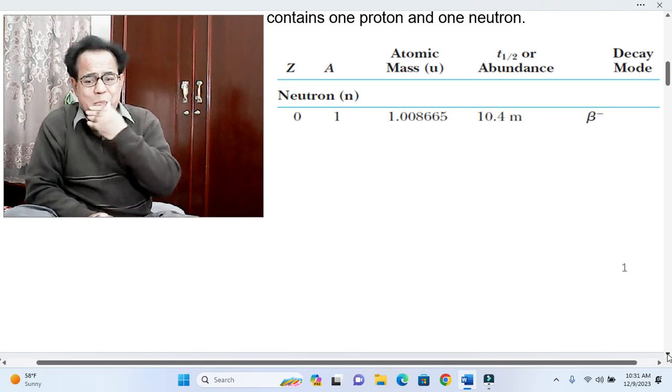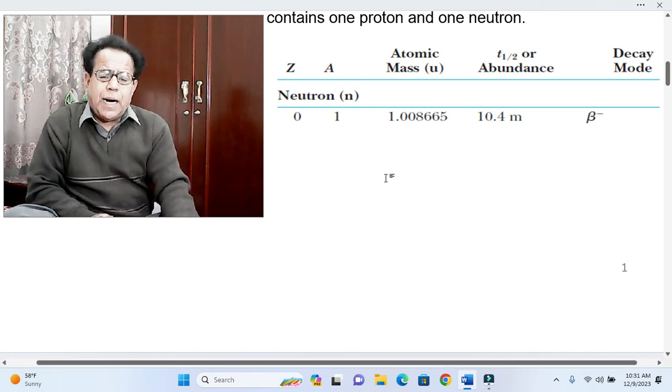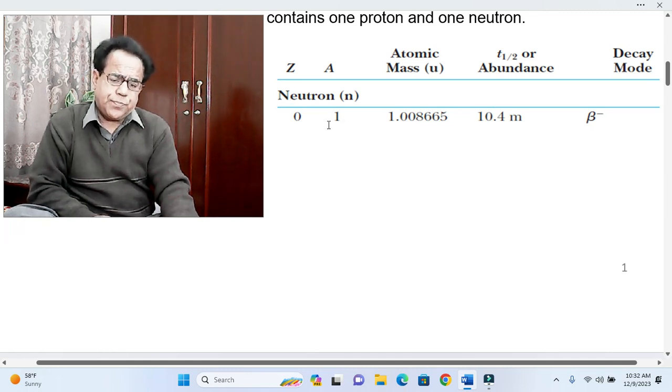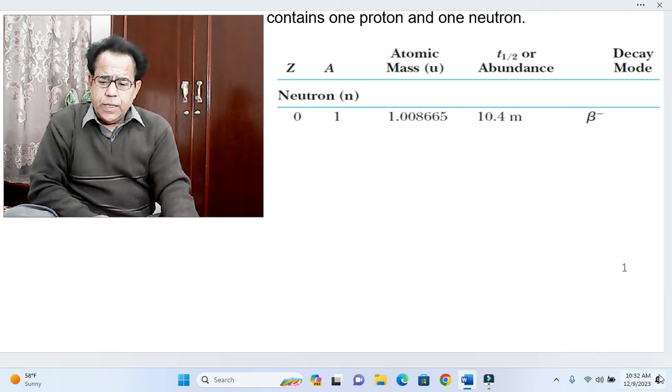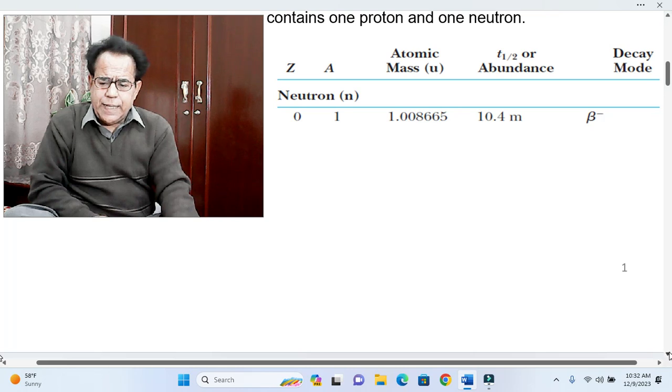So this table starts with Z, A, atomic mass unit u, half-life, abundance, decay mode, etc.